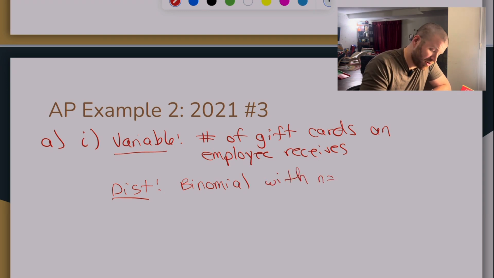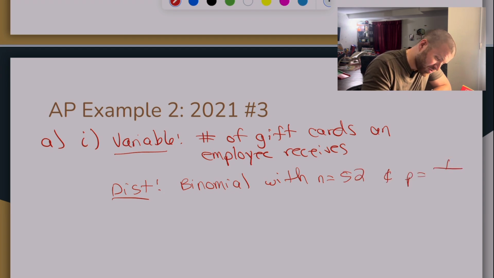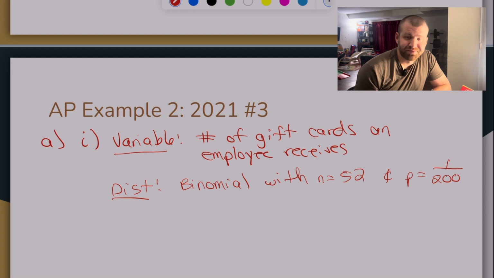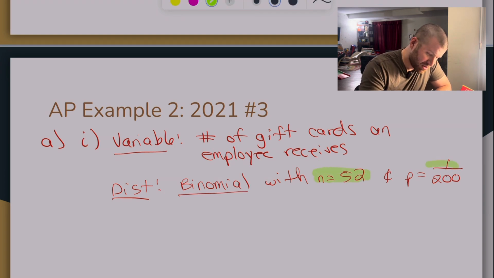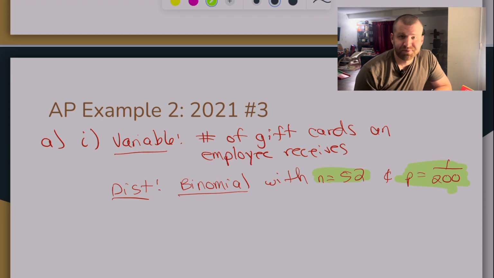How many weeks in a year are there? Well, there's 52. And p equals 1 over 200 because there's 200 employees and 1 is given out per week. If you're going to say it is binomial, you have to give the parameters, which in this case are your n and your p. So that's how we do that.